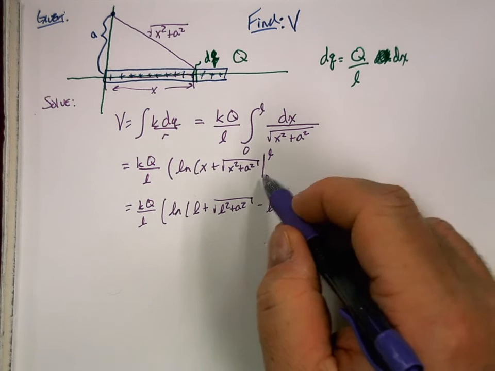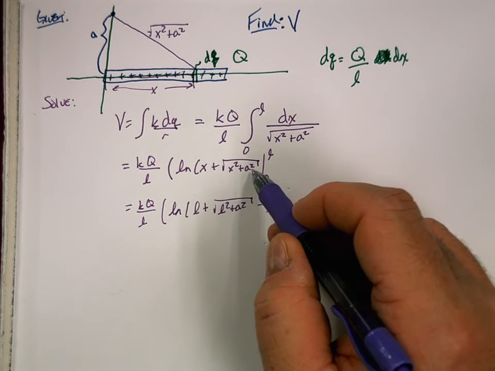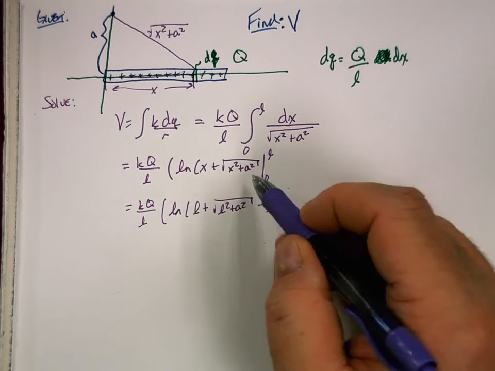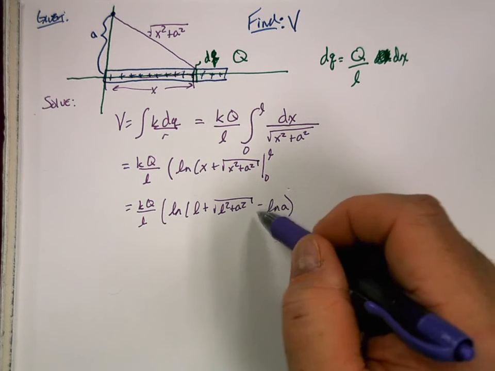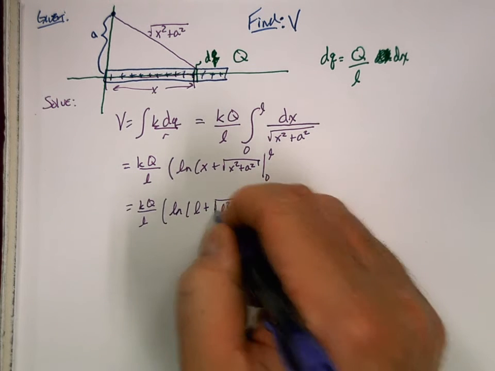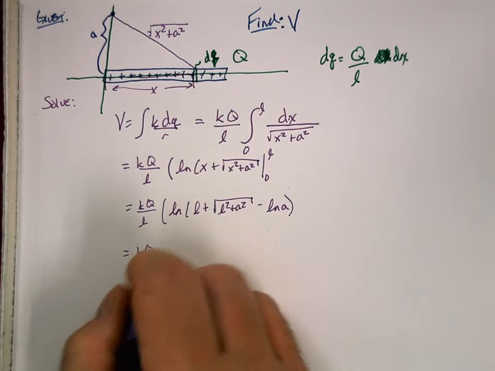If we plug 0 in there, it's the square root of a squared, that'd be a. So the natural log of a. Then, using our log rules, we're going to get KQ over L.